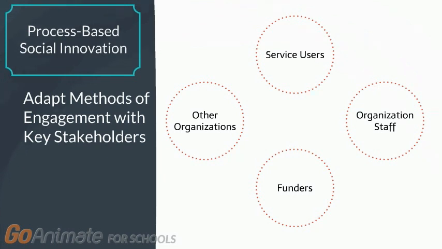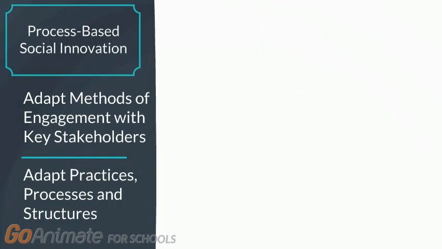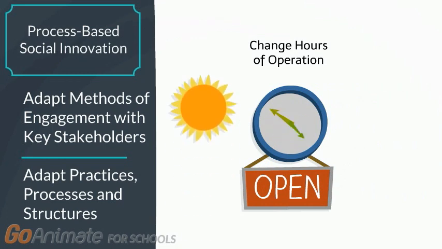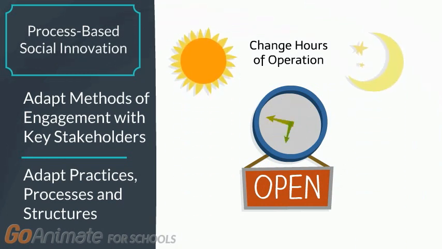For example, working to bolster your organization's culture or emphasizing your staff's training and professional development can have a positive impact on service outcomes. Process-based social innovation can also involve changing your organizational practices, processes, and structures. You might change your hours of operation to better suit your client population, or create new positions to address critical needs.